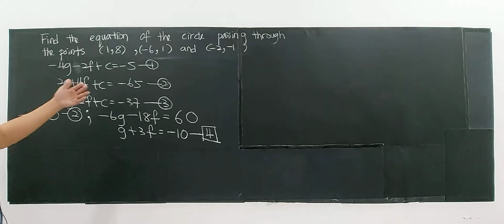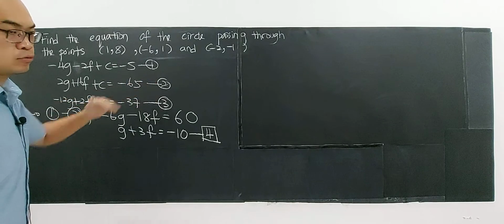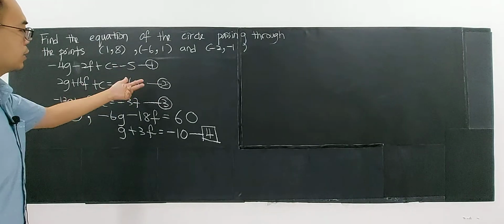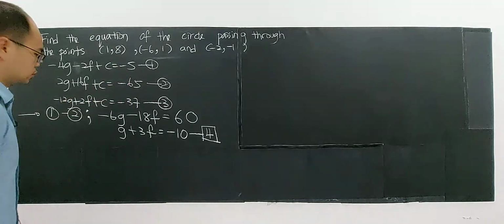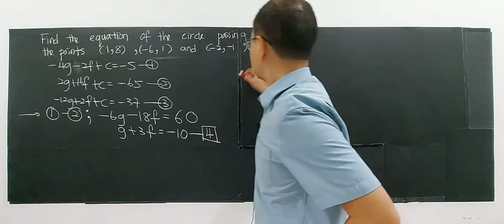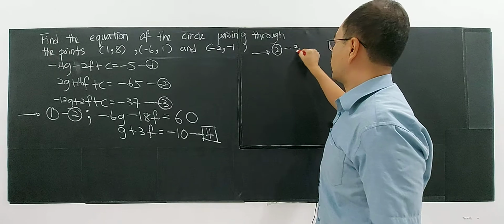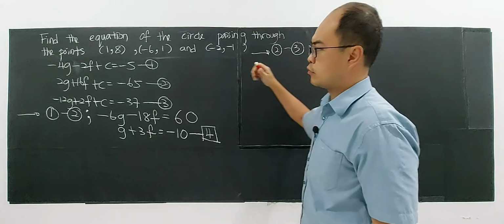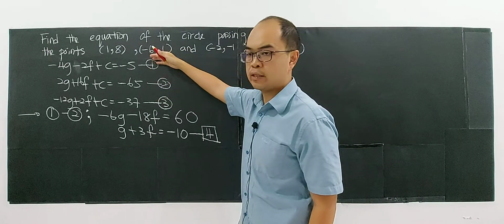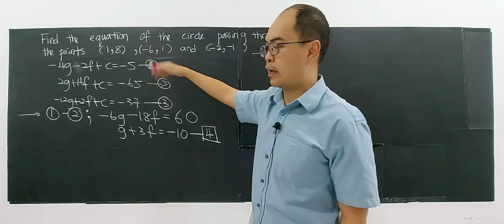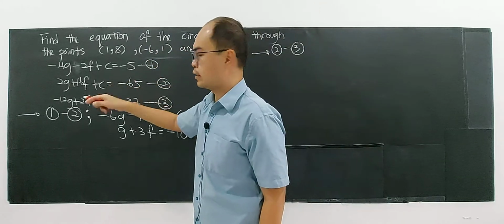Maybe we can take 1 and 3 or 2 and 3. I will take 2 and 3. So now we take equation 2 subtract equation 3. It's also okay if you take equation 3 subtract 1, either way, as long as you can eliminate the c.